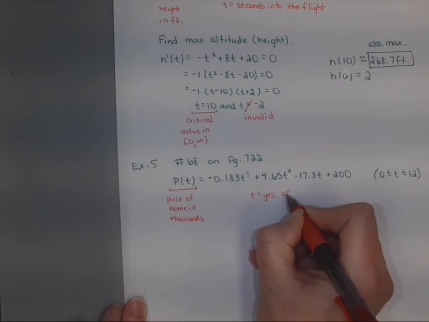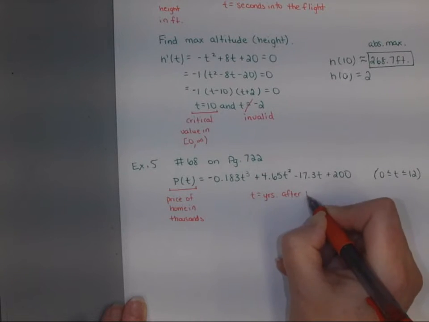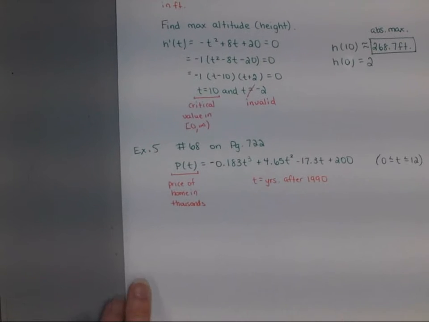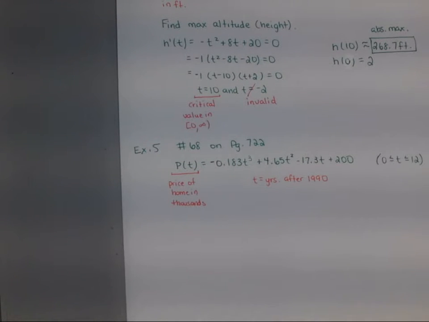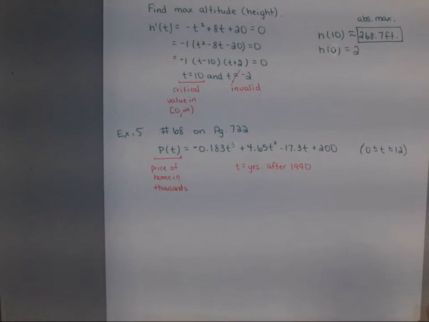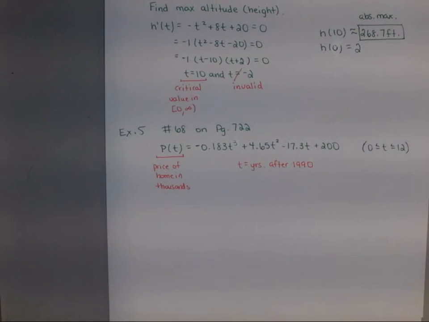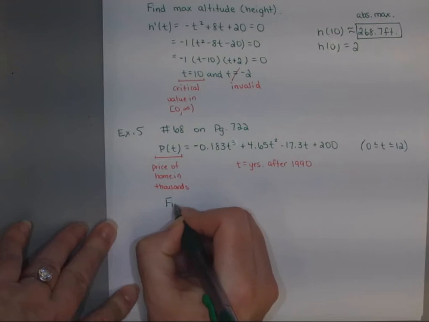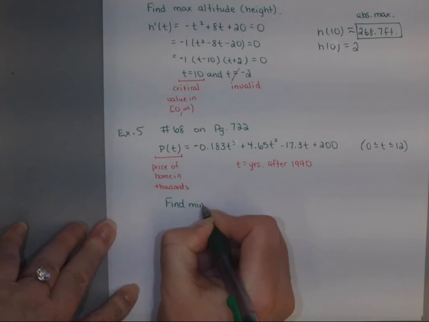In this problem, it's years after 1990, which means we're only going to what year? Remember, this is an old book. I let y'all buy an old book so you could save money, which means our dates are going to be really old, right? So 1990 to 2002, yeah. So it's a little old, but that's all right. All right, and the problem asks you to find the minimum price.